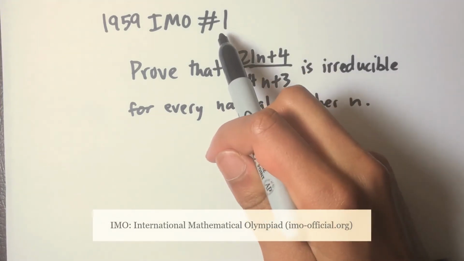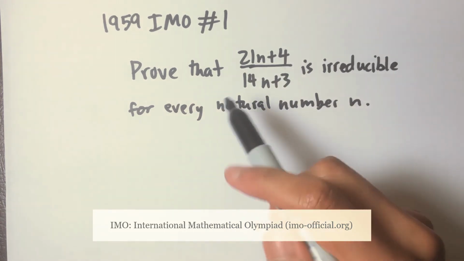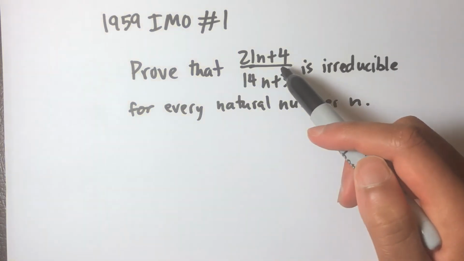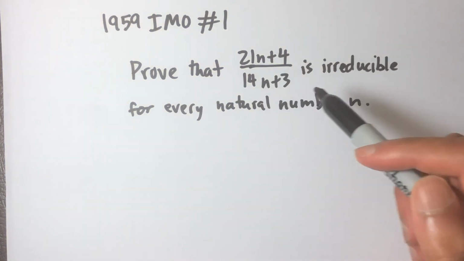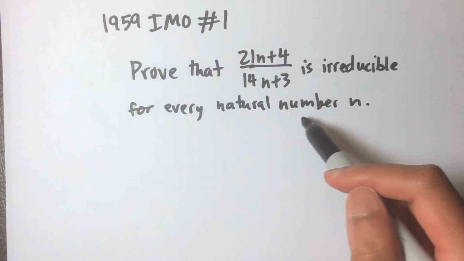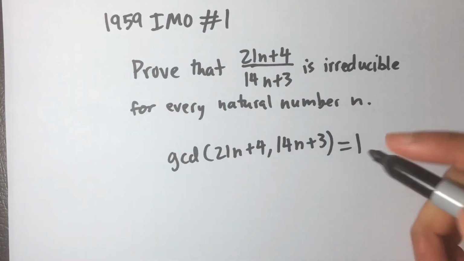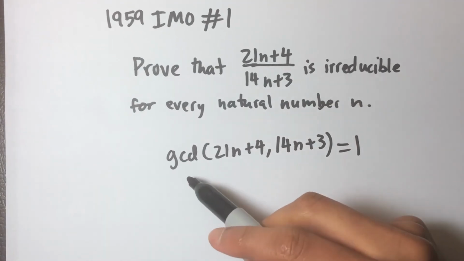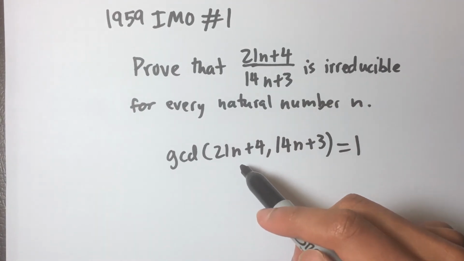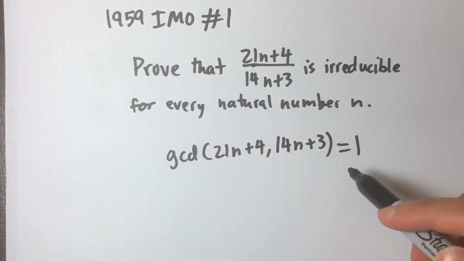Now we'll look at problem 1 from the 1959 IMO. It says, prove that (21n plus 4) over (14n plus 3) is irreducible for every natural number n. An equivalent way to write this problem is that the greatest common divisor of 21n plus 4 and 14n plus 3 equals 1.